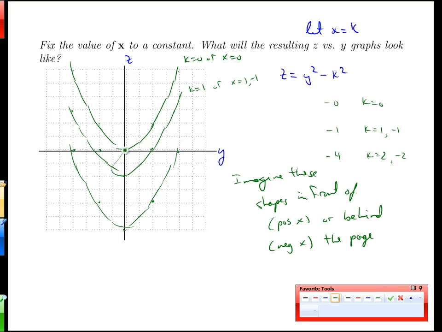We'd have a marching series of parabolas moving down with respect to one another.